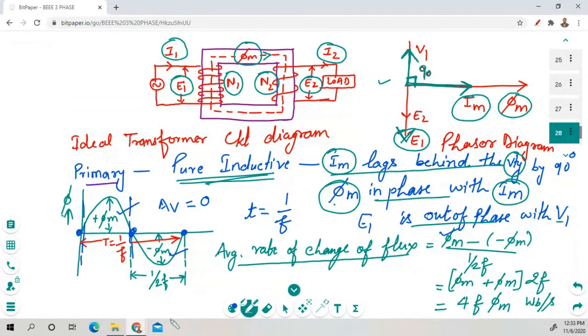This complete cycle is T. If you cut from this half position, then T is 1 by 2f, because this is the half portion. So that's why we are using the half here, and we solve this equation and find that the average rate of change of flux for one half cycle is 4f Im amperes per second. So the unit is amperes per second.